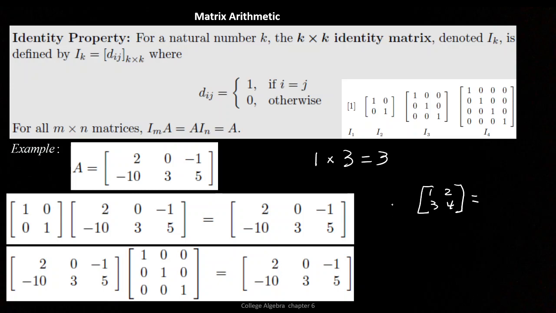So you're going to get the same answer. Now, this is only defined for square matrices in this course, okay?